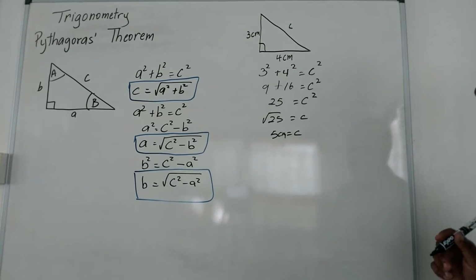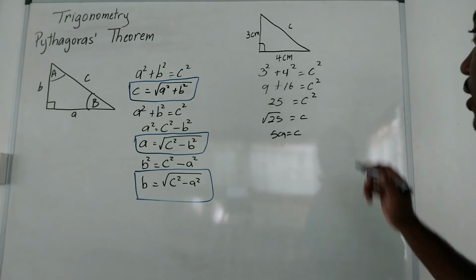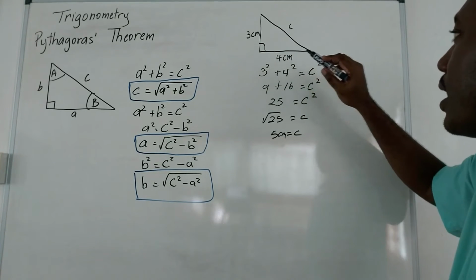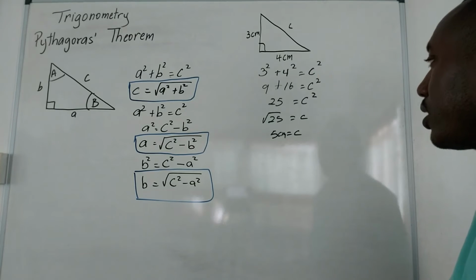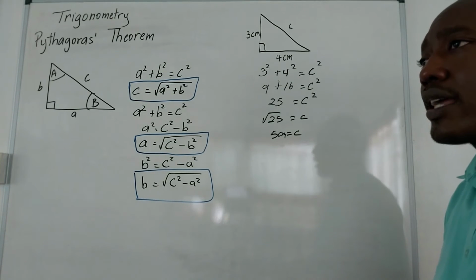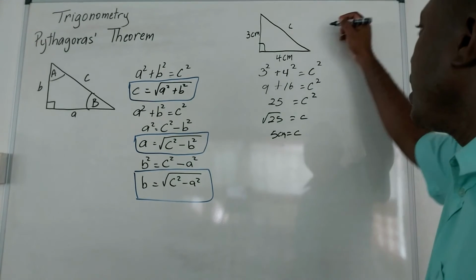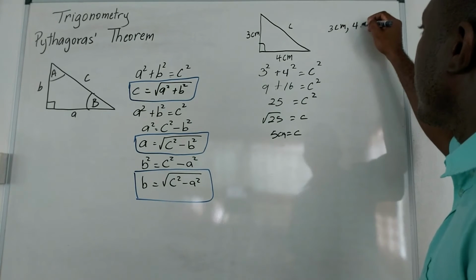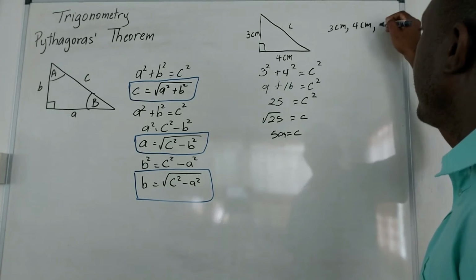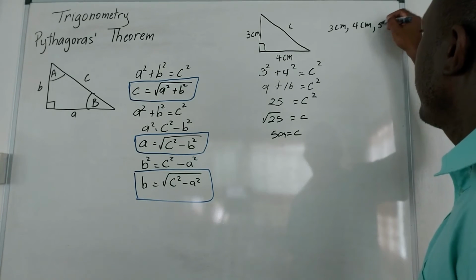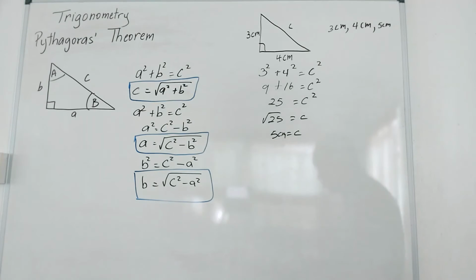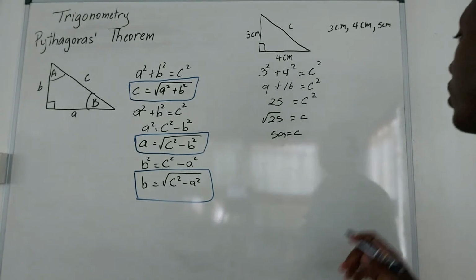Now, in cases where all the sides are whole numbers or exact integers, here we have 3 cm, 4 cm, and 5 cm. All the sides are whole numbers.